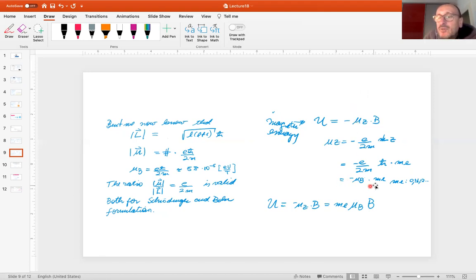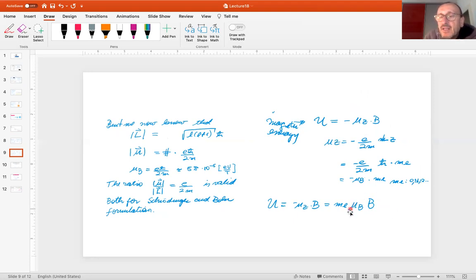And essentially I could write it down like minus mu z times B, with mu z being the value of the magnetic moment component. If I replace the magnetic moment in this expression, I can write it as m_l mu_B times B. This mu_B is this guy over here, and B is the magnetic field.